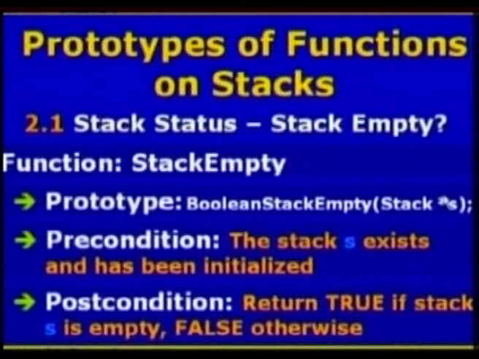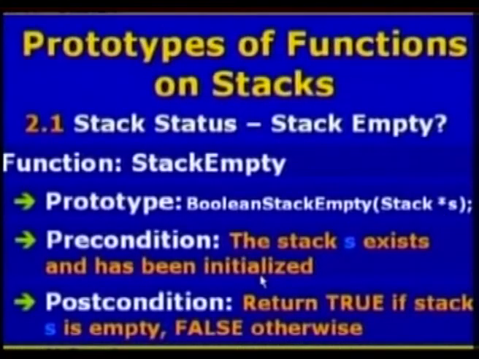So basically, the precondition for this, I'm assuming that the stack S already exists. It could be empty, it could be not, I don't know, but at least there is a stack called S. And then you're going to pass this stack to this function. This function is going to check the stack, and as a post condition, it's going to return true, and that's 1 in terms of programming, if the stack is empty.